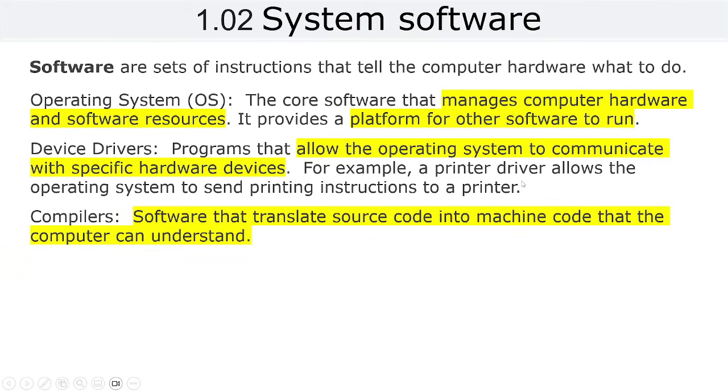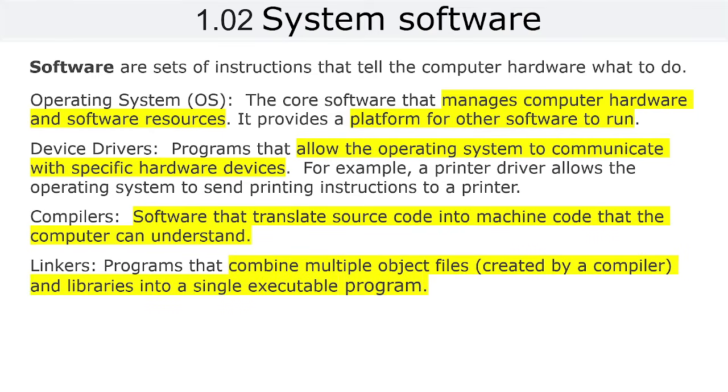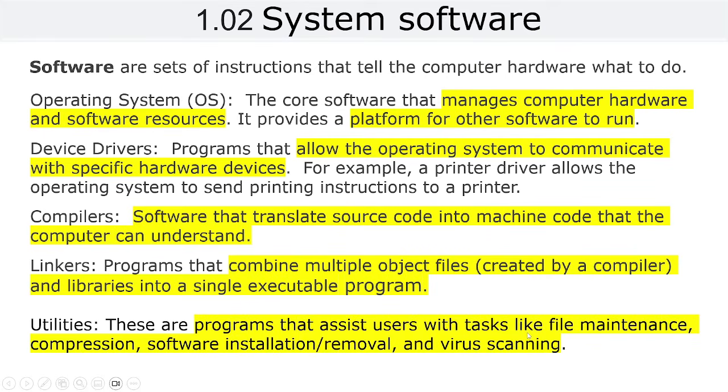Then we have compilers. They are basically software that translate software code into machine code for computers to run. Then we have linkers. They combine multiple objects. In other words, they compile the work that the compiler has done. The linkers put them together for a single execution to be done. Then we have the utility software.